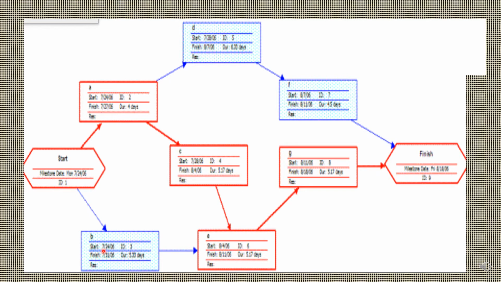Now B is the first activity here, and you can see that there is a path in red color. This is the critical path, right? And all these are leading to finish. So this is the way you can make a nodal chart. So this is a PERT diagram which is showing the critical path as well. So our critical path is going this way.